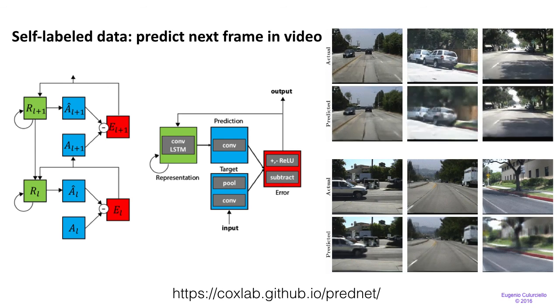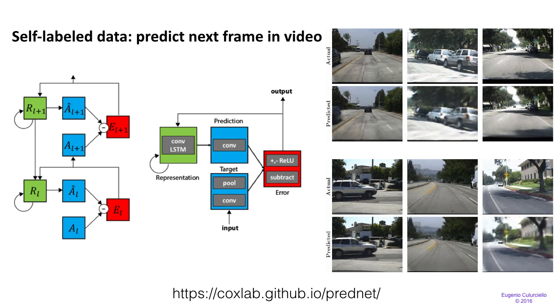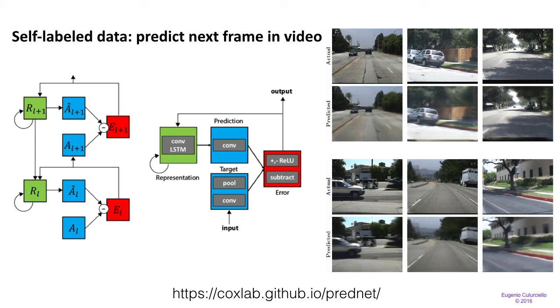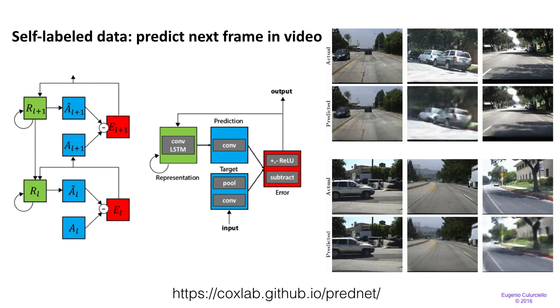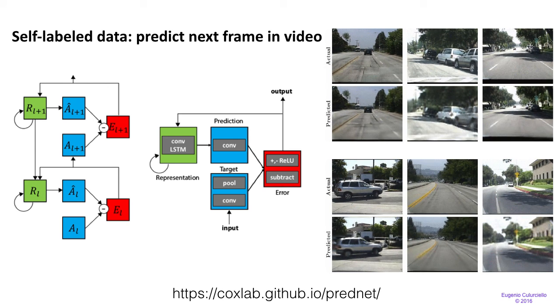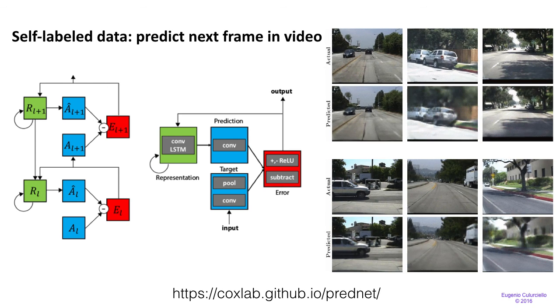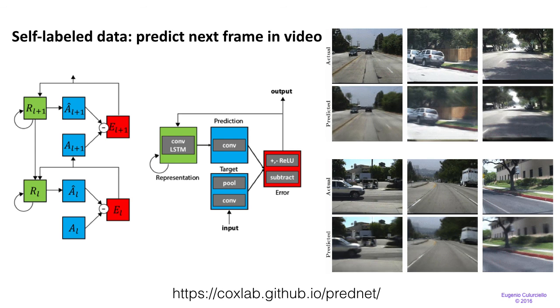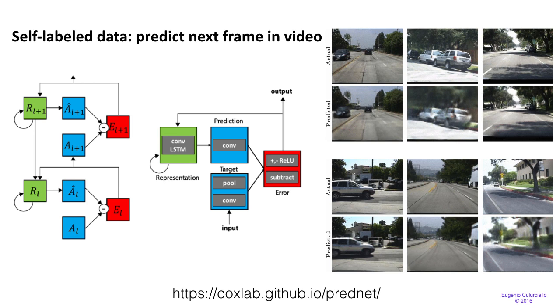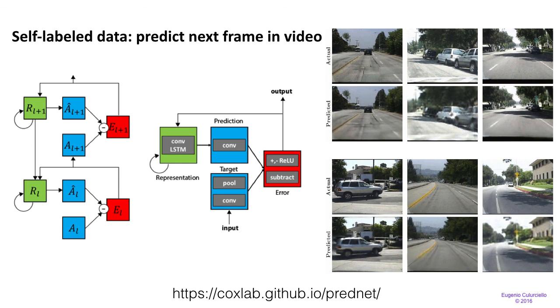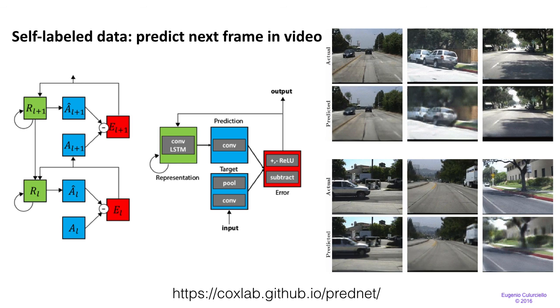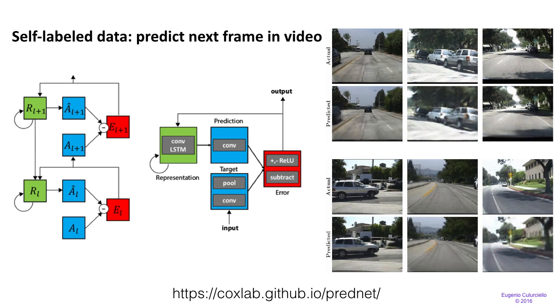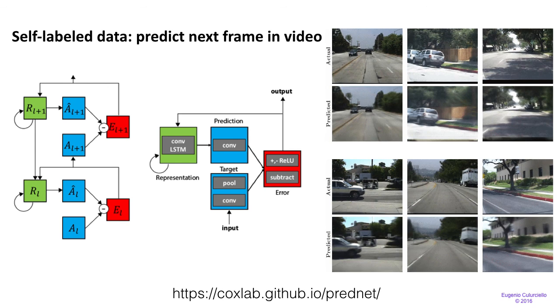What it does is it takes an input at the bottom here in this blue box, and it does one standard layer of convolution, and pooling, and then basically it subtracts it from another blue module on top that is supposed to do prediction.